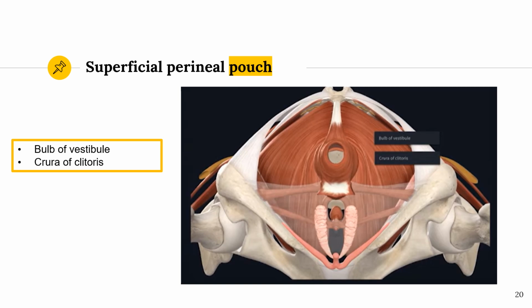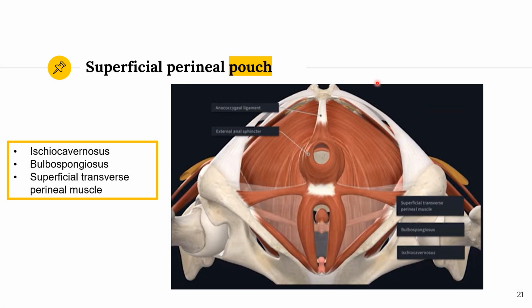And now, if we add back the perineal membrane, here are the erectile tissues, which are the component of the superficial perineal pouch. Medially, we have bulb of vestibule, and laterally, we have crura of clitoris. And please note that they are connected anteriorly at the clitoris. Next, we add other structures in the superficial perineal pouch.